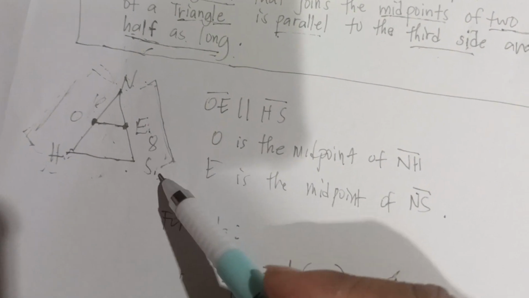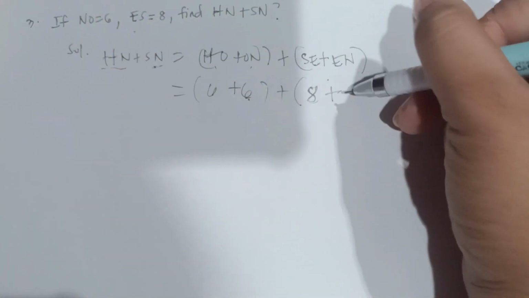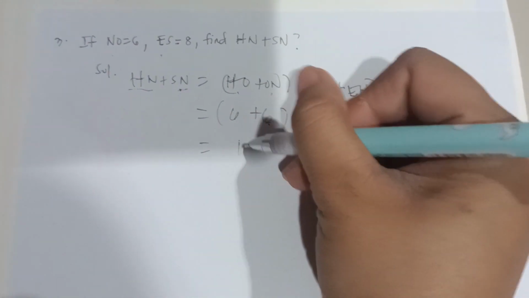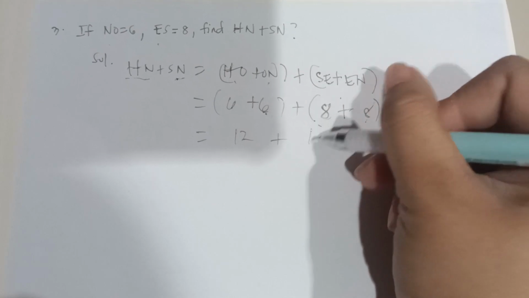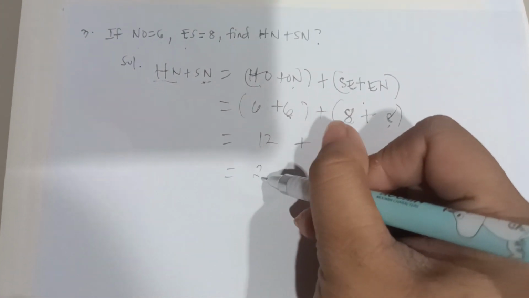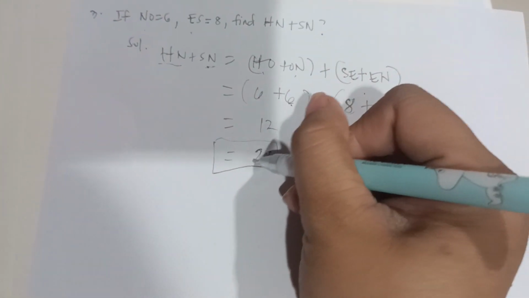If ES is 8, therefore NE should also be 8, right? So, 6 plus 6 is 12, plus 8 plus 8 is 16. 12 plus 16 is 28.